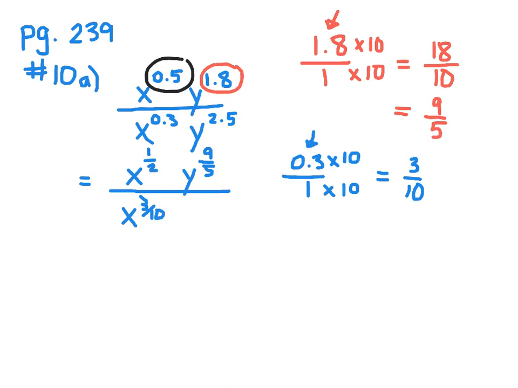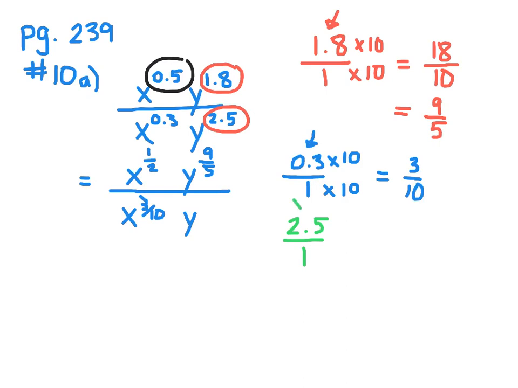Then if you look at 2.5, some of us know 2.5 is 5 halves, because $2.50 is half of $5, so it's 5 halves. However, if you didn't know that, we can convert 2.5 into a fraction. So 2.5 is over 1.